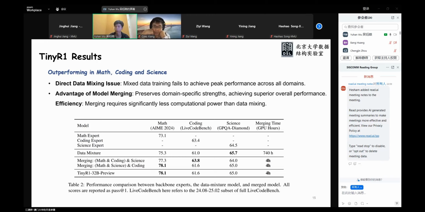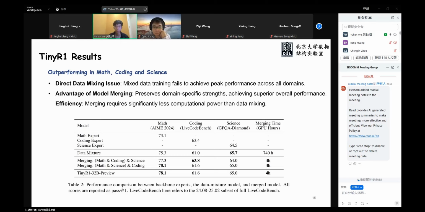Some trade-offs occur, preventing the model from achieving peak performance in math, coding, and science at the same time. However, model merging techniques provide a solution. By merging specialized models, we can retain domain-specific strengths while achieving the best overall performance.